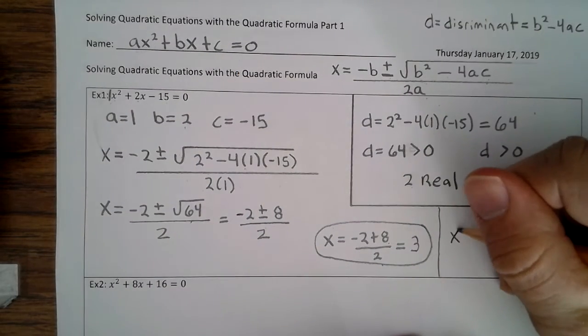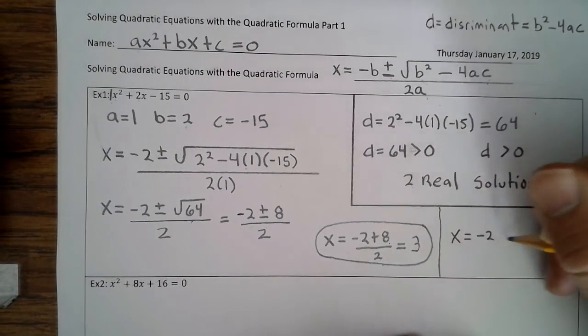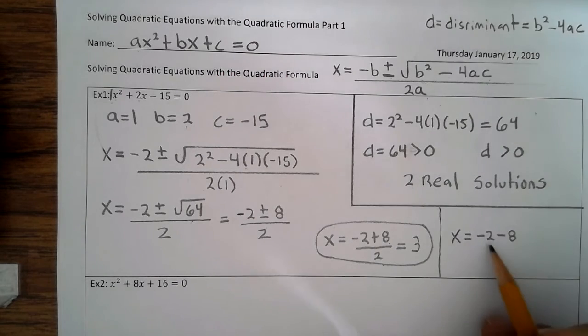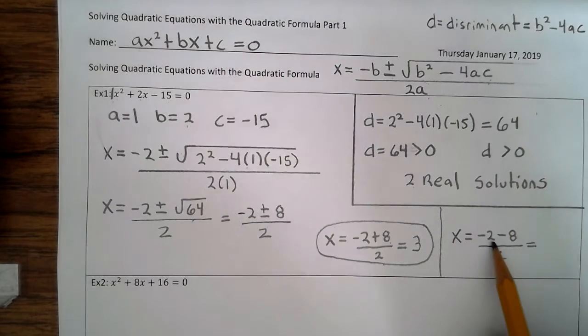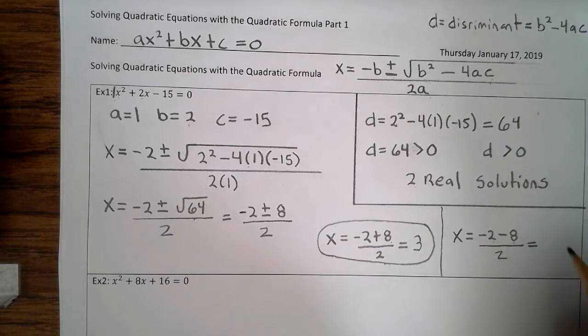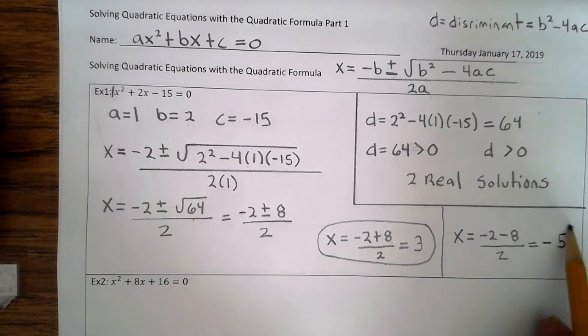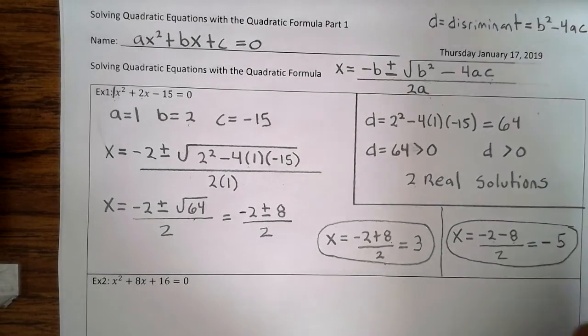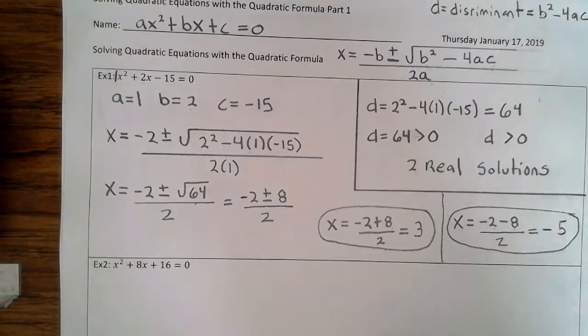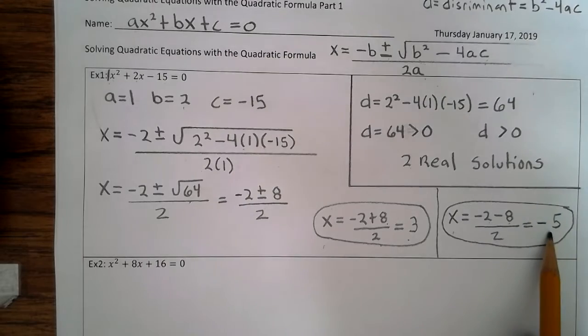So x equals negative 2 minus 8 divided by 2. Negative 2 minus 8 is negative 10, divided by 2 is negative 5. So your two solutions are x equals 3 and x equals negative 5.